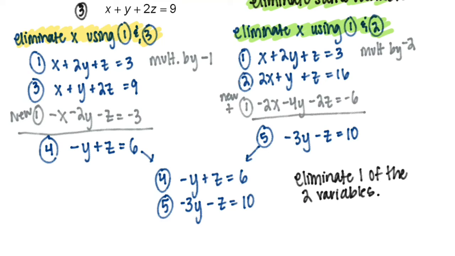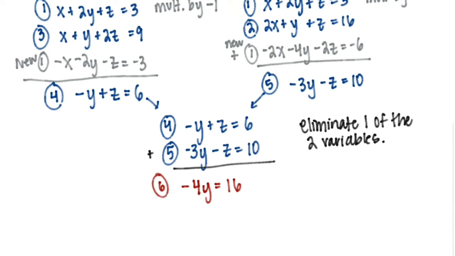Well, in this case, it's going to be easiest to eliminate z because I have positive z and negative z. If I add the 2 together, the z's naturally cancel out. So what we're left with is negative 4y equals 16. This is a 6th new equation.